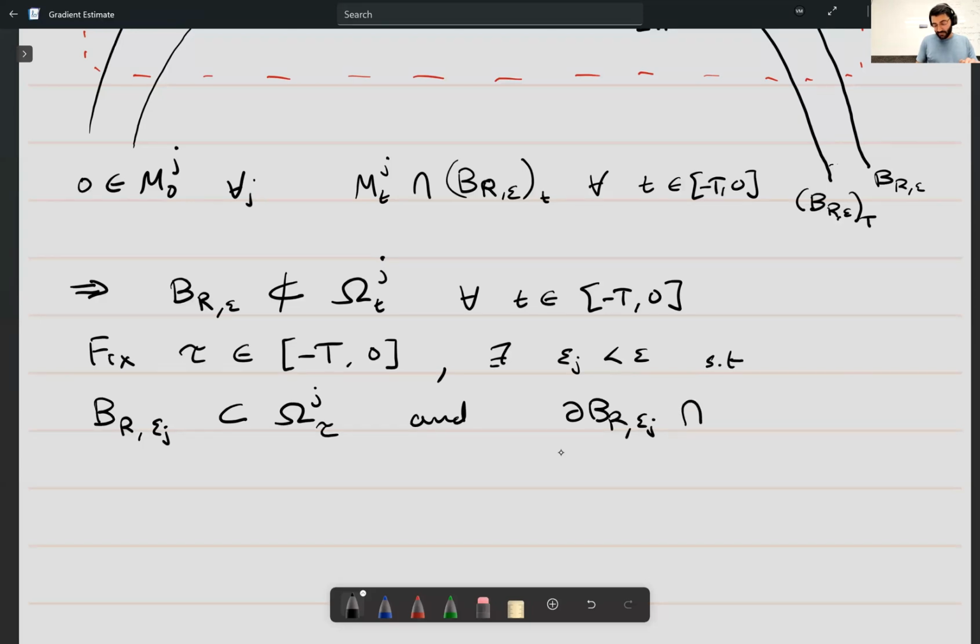So I have some point p_j in this intersection with M_j^tau.